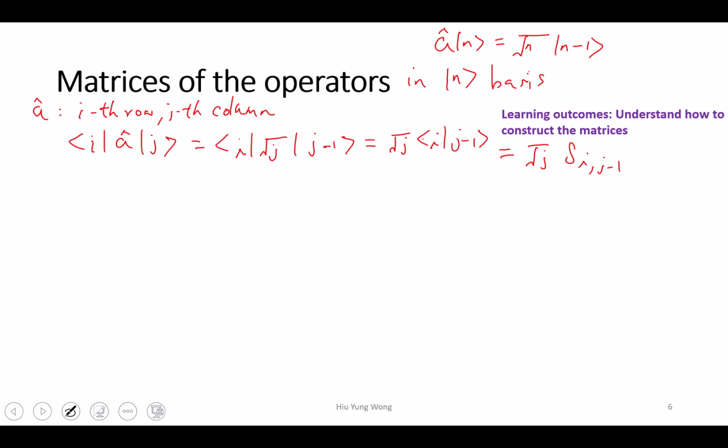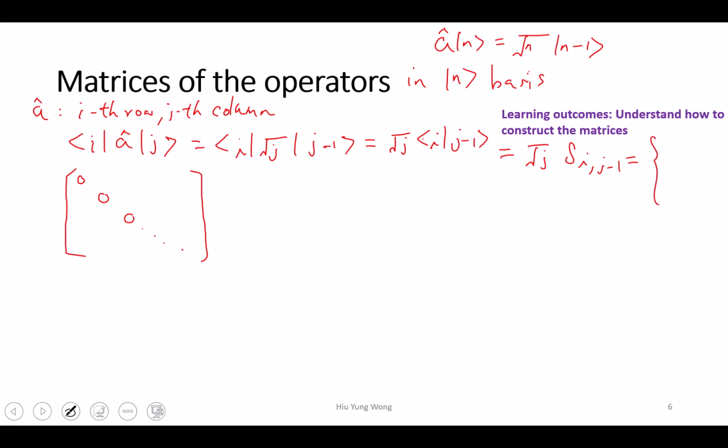So how would the matrix look like in this case? When i equals j, what is this? It is 0, right? Because j minus 1 is not equal to i. So I will have 0 on the diagonal. Then when am I going to get a nonzero value? Maybe I can write here.